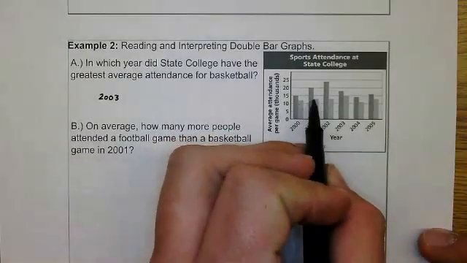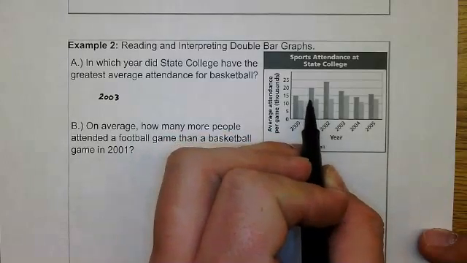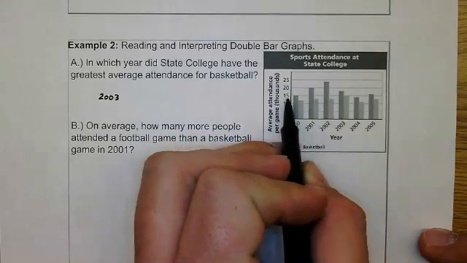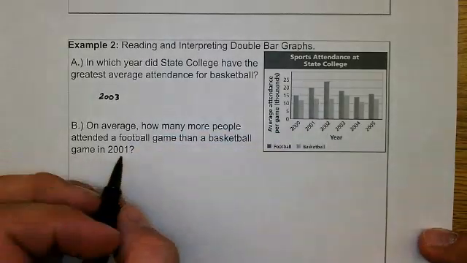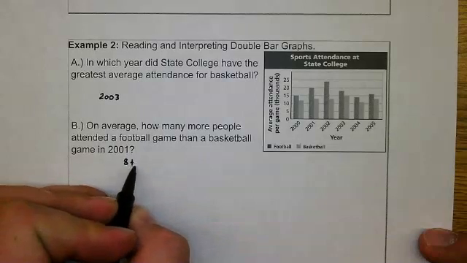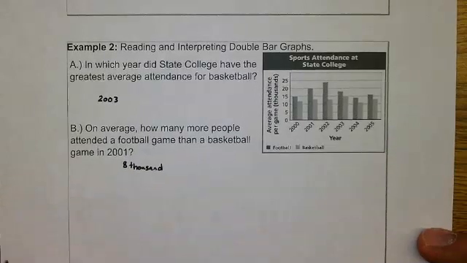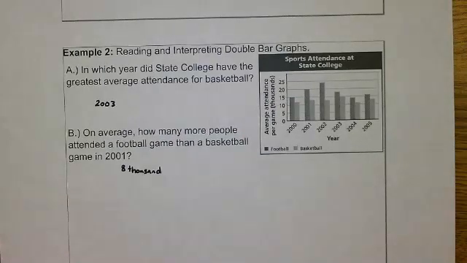So in 2001, here we had 20, and this would be about 12. So 8,000. And that's how we read our bar graphs.